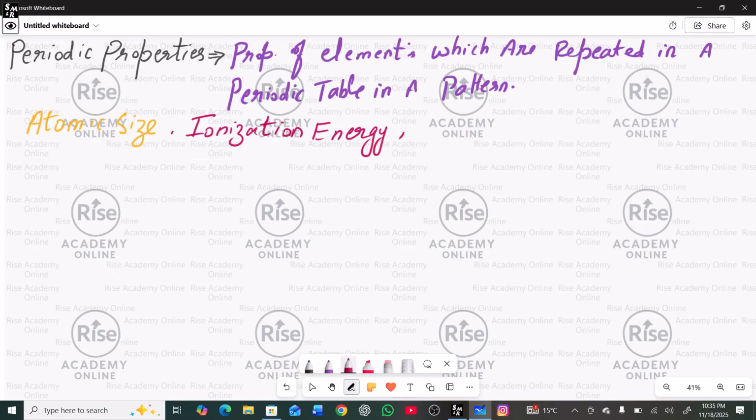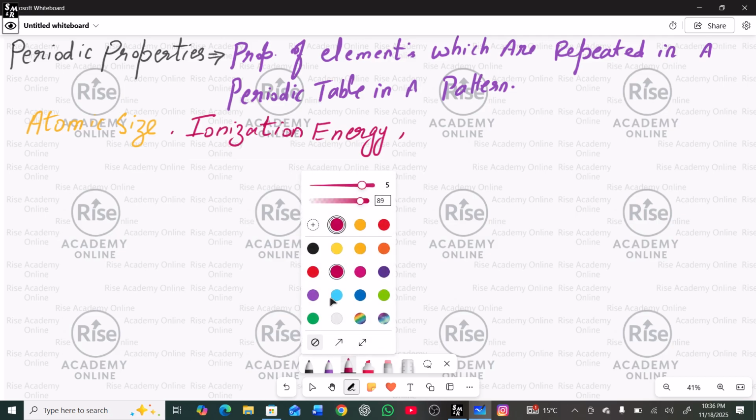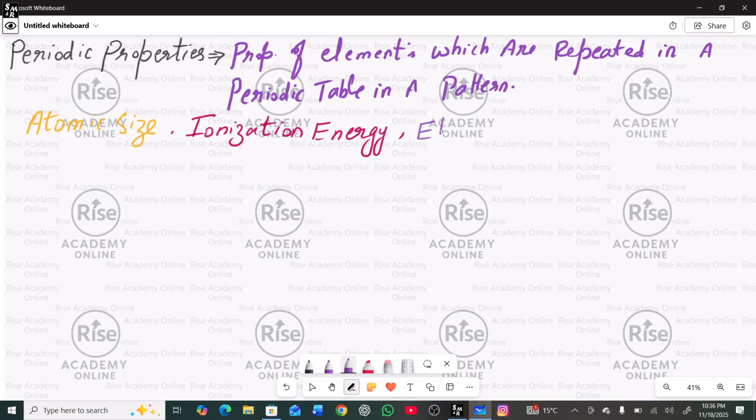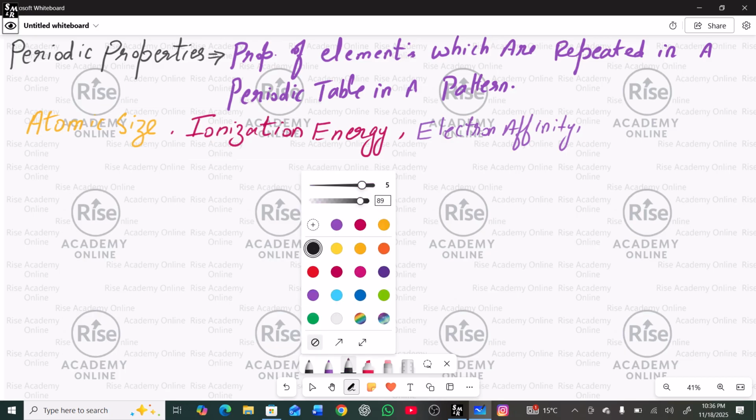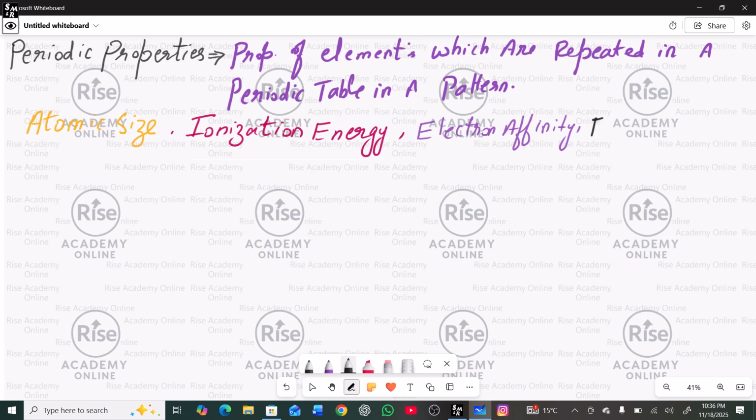After that we will discuss electron affinity, and at the last we have electronegativity in our syllabus. So these are the periodic properties that will be discussed according to our syllabus book line.